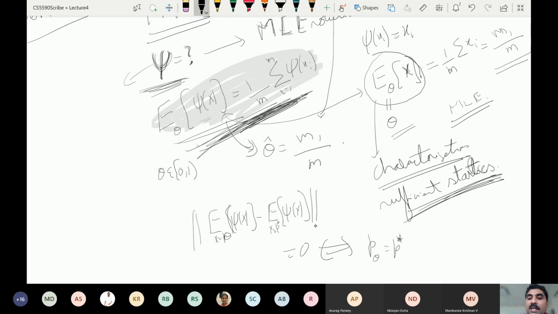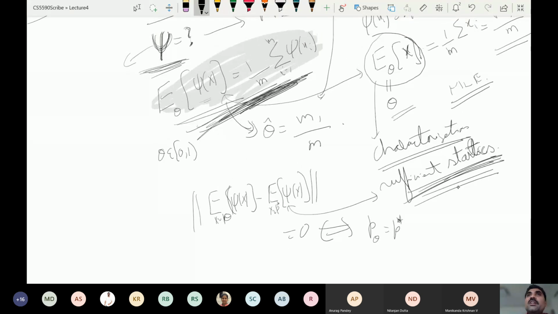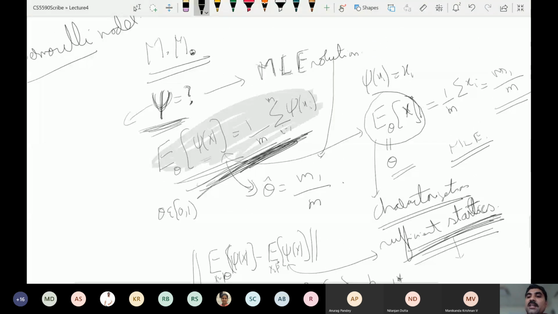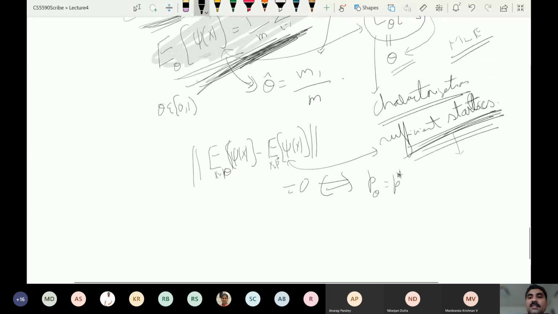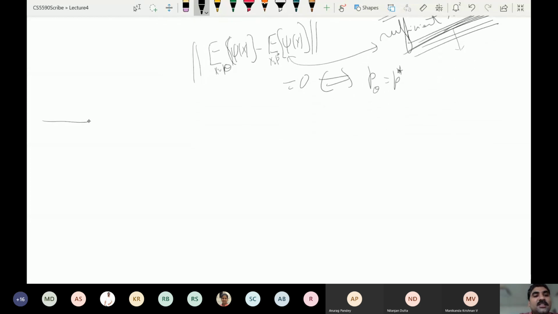Such psi are called sufficient statistics. Usually sufficient statistics are those functions which retrieve the parameters of the model. For example, in this case, psi of x equal to x retrieved the parameter theta. Let's see some more examples, then the notion of sufficient statistic will be clear.